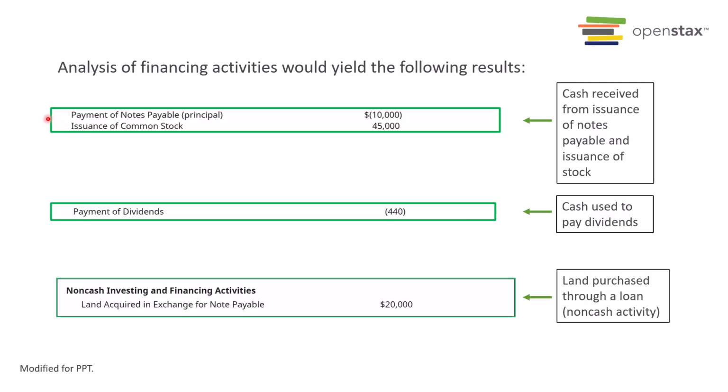So we're going to begin our section with our long-term liabilities. And in our long-term liabilities, we saw our notes payable go up. So if our note payable went up, that means we owe more on a note, which means they must have given us more funding.